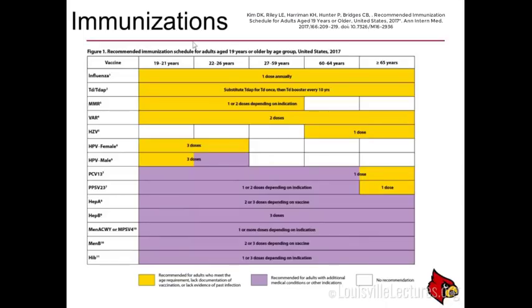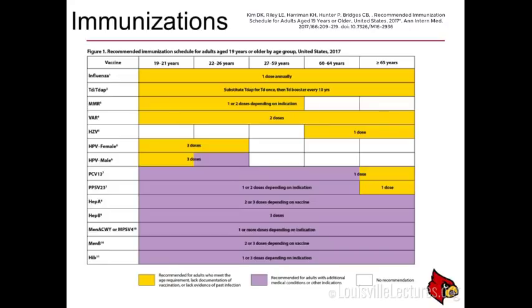For HPV, question. Zoster starts at 50 now, right? So I pulled this off the CDC website, so they may have not updated it. Does anyone know the difference between males and females for HPV? So when would you start for both groups? Ideally before they start.